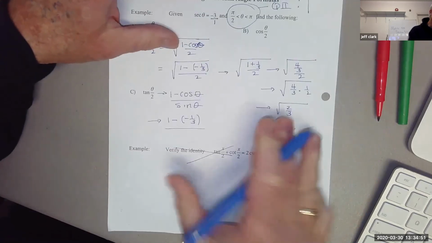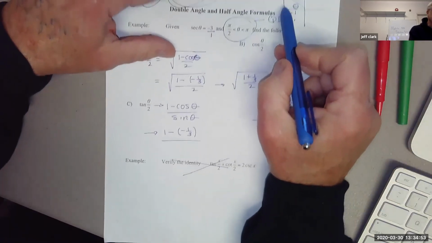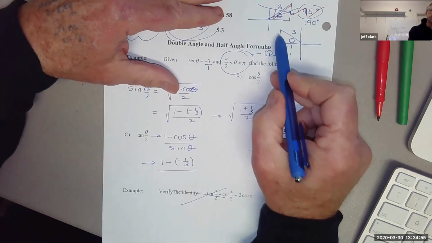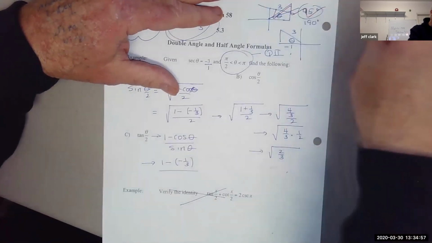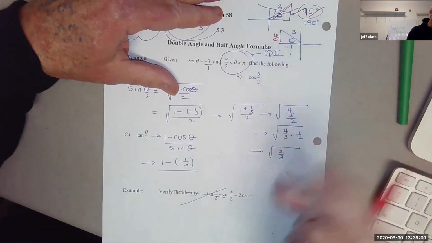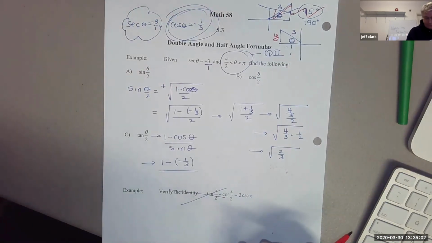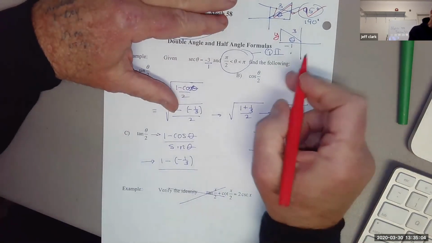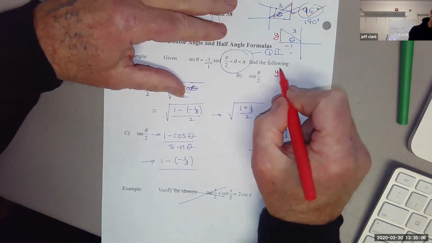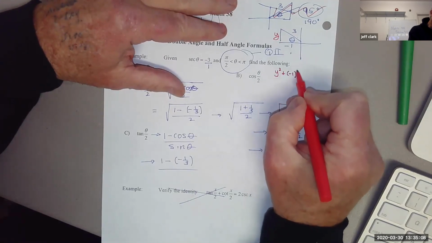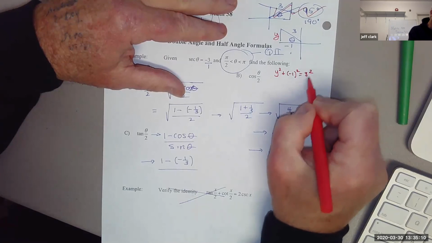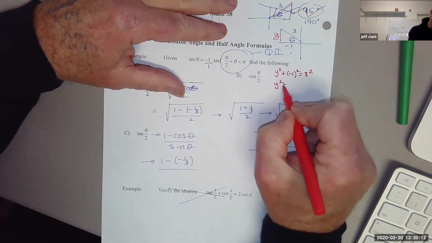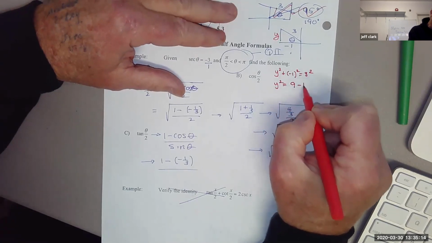Now sine theta. I'm going to have to figure out back up here what the y value is. I have to know what this y value is. So now I have to use the Pythagorean formula. The Pythagorean formula says y squared plus a negative 1 squared is equal to 3 squared. Y squared is equal to 9 subtract 1.